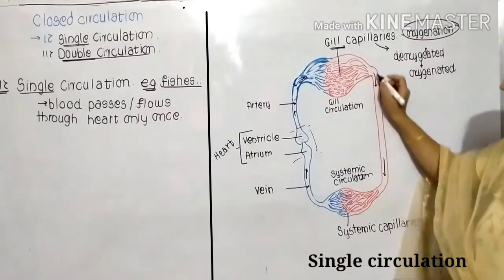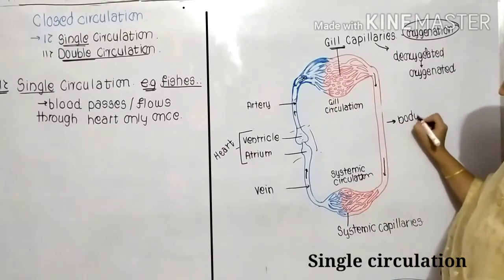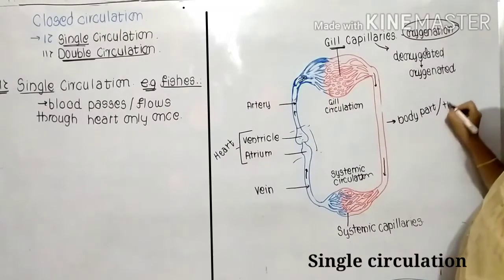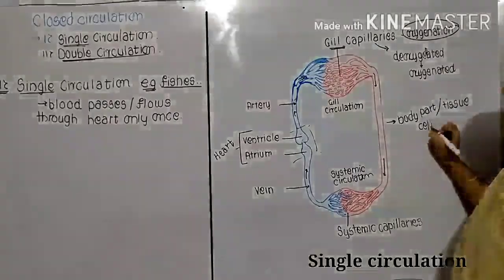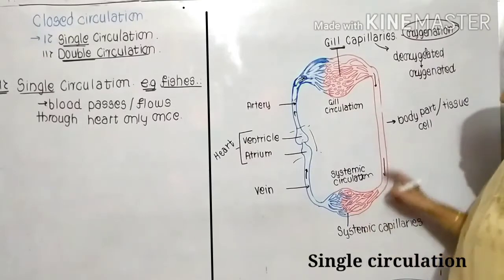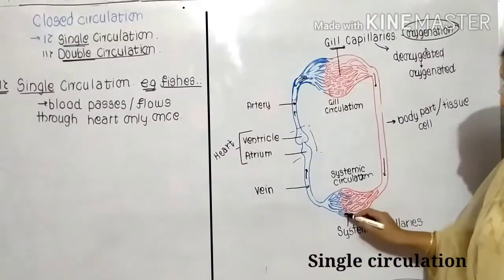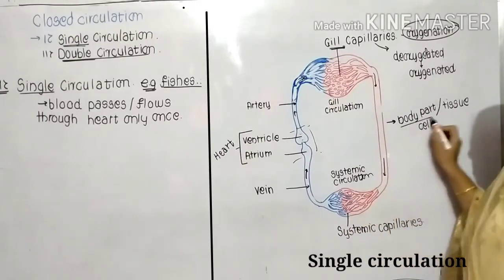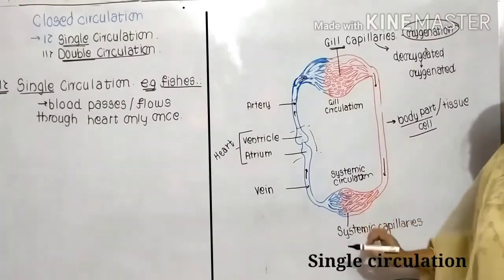Then that blood passes from the gill capillaries towards the different body parts, the tissues and the cells. Whenever it passes towards the cells or tissues, the blood becomes deoxygenated again, because carbon dioxide enters it as the organs use the oxygen.